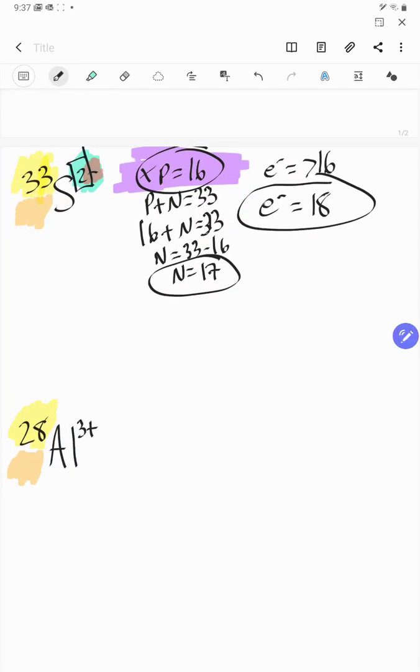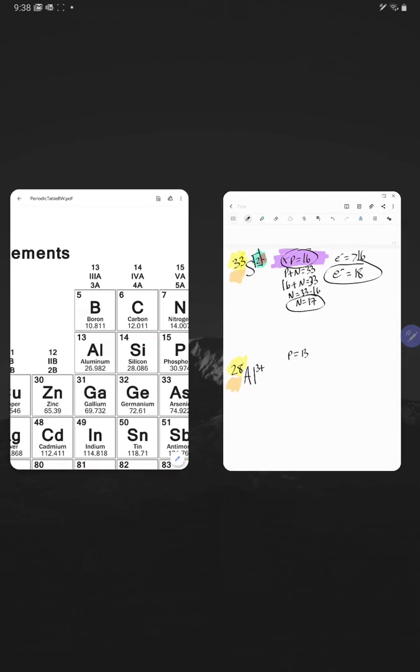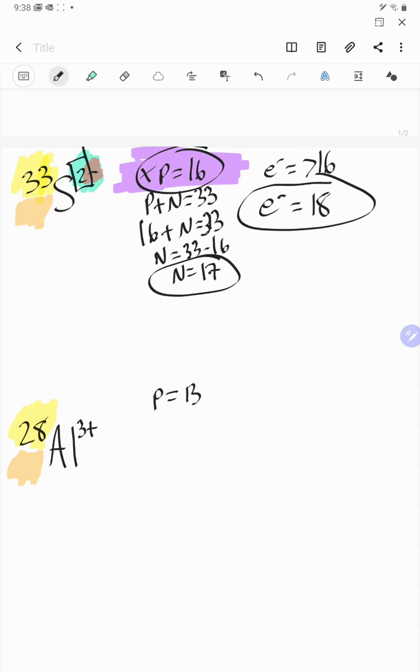So we can write down that the number of protons equals 13. That should be the first easy step. If the atomic number is not written, you just look it up on the periodic table and write down that number. That's the number of protons. Boom, you already got 1 out of 3 points.